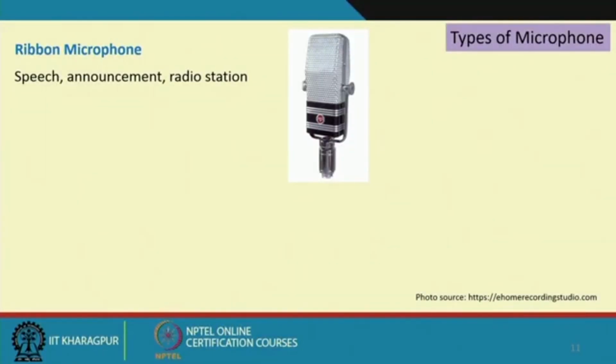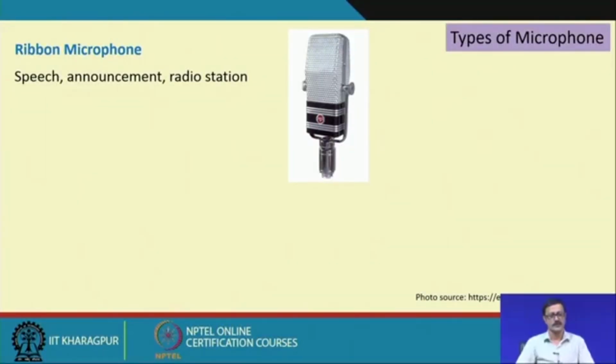The next one is the ribbon microphone, which is used for speeches and in radio stations. Ribbon microphones are a bit of an older version, and nowadays we have better versions of this microphone.